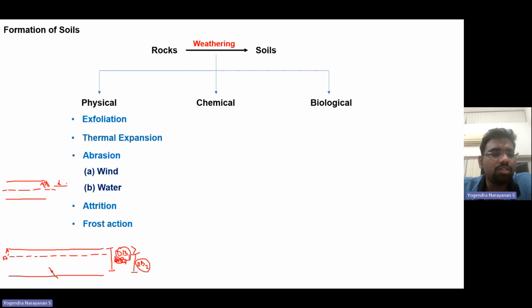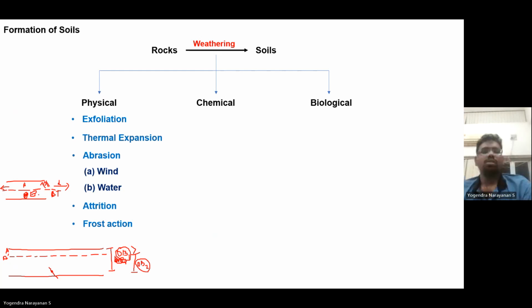The rock here would try to expand in both directions due to heat, depending on the coefficient of linear expansion, whereas the portion below, let us consider this as A and this as B, since there is not much temperature difference, will not be expanding that much.